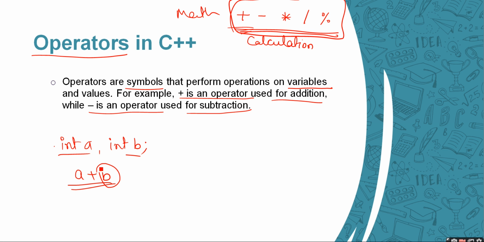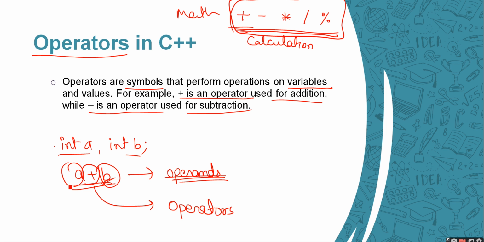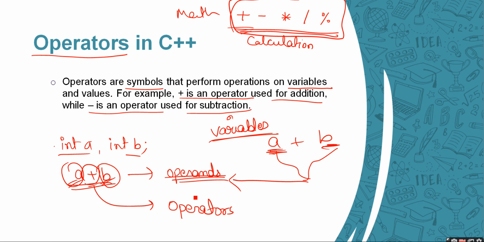This a and this b are termed as operands, and this symbol is termed as an operator. Operands are the variables on which we are performing this calculation. So a and b are two different variables, but at the same time we define these as operands, and the symbol present here is termed as operator.